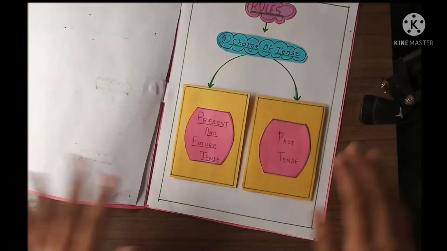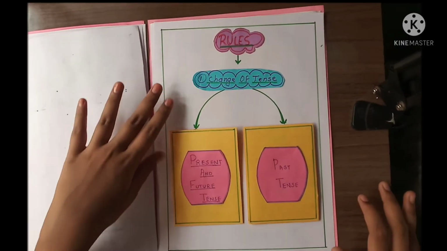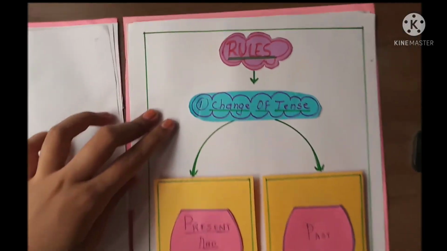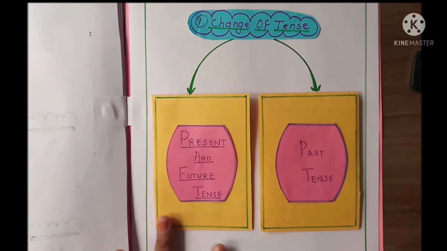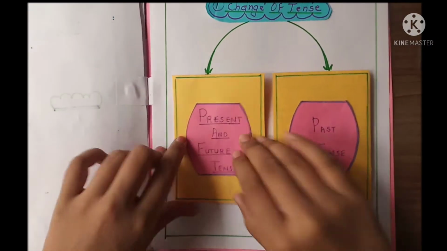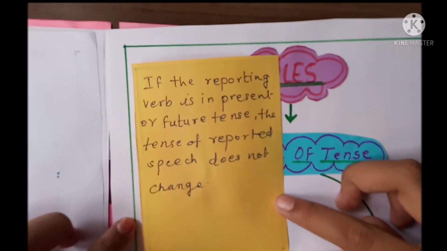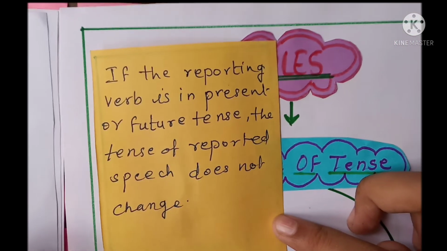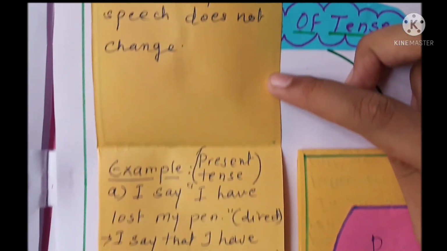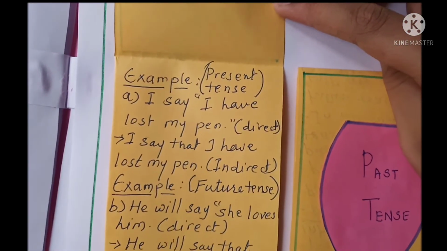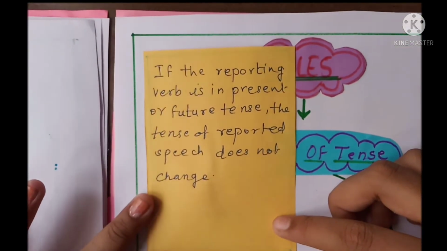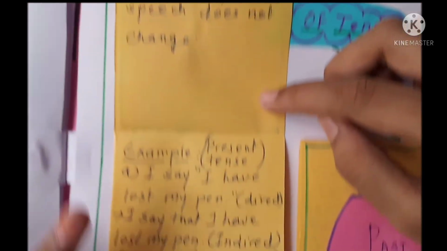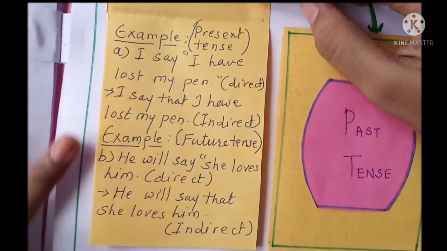Next is the rules of reported speech. In that, the first one is change of tense, present and future tense. Here is the description and here are both of the examples.